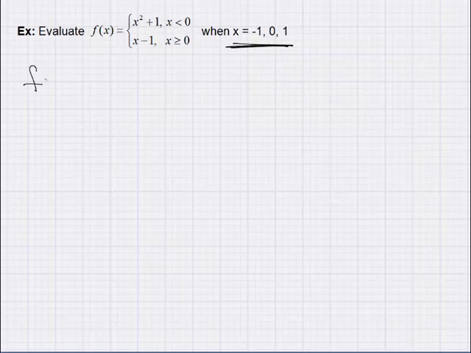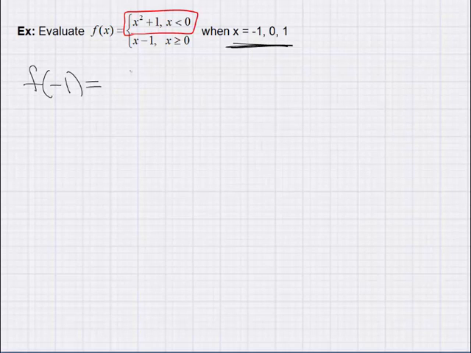So let's find f of negative 1. Well, if we want to find f of negative 1, I've got to know what piece to evaluate this function with. Well, negative 1 is less than 0. So if negative 1 is less than 0, I should be using this piece.